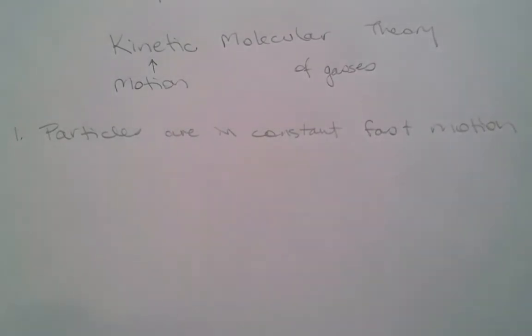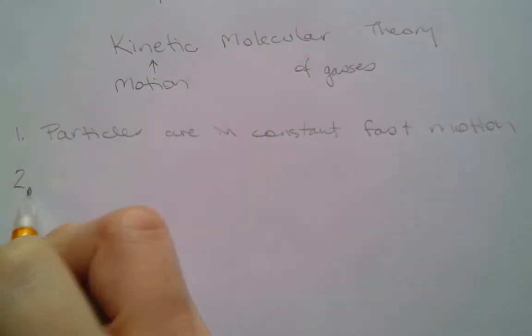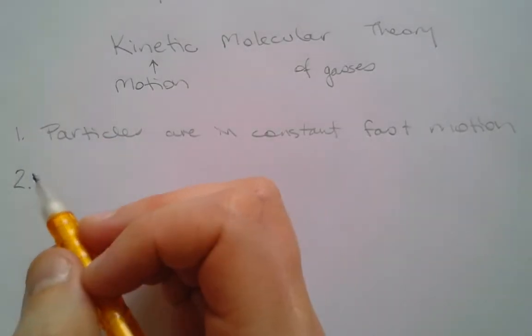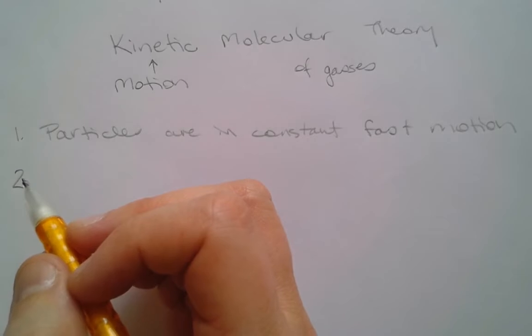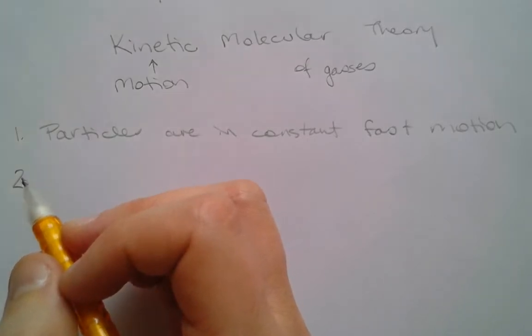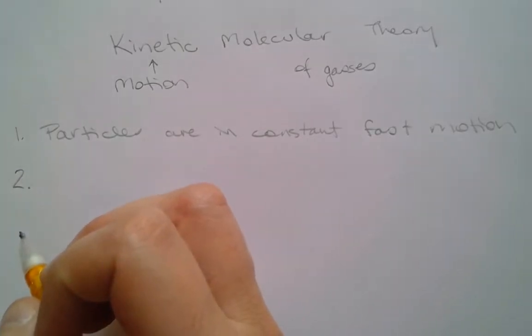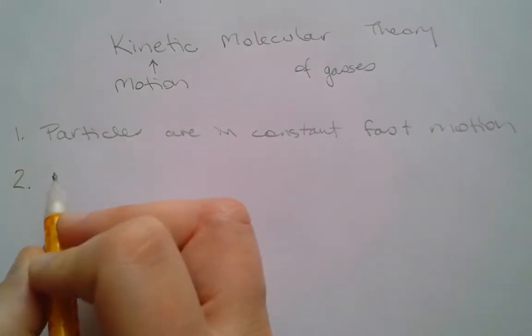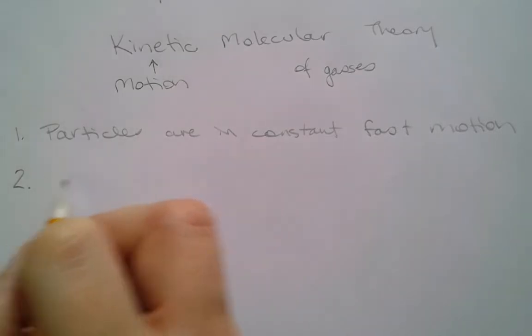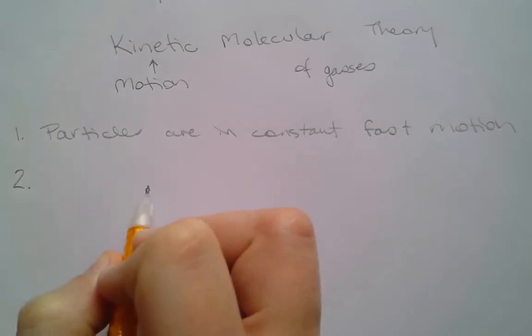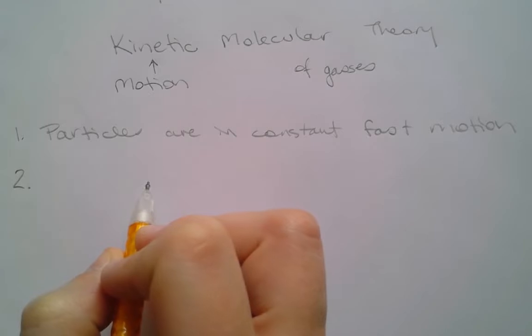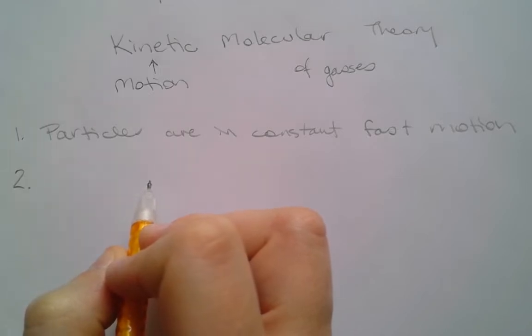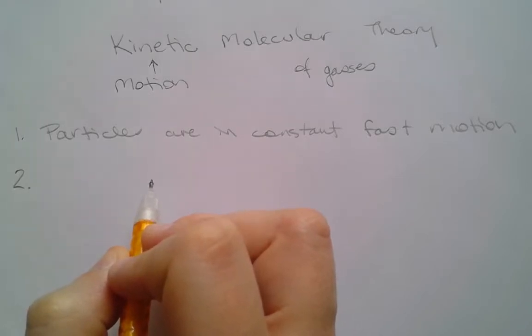Should recalculate that. They bounce into each other. And I'll ask you, do they lose energy, gain energy, or keep the same amount of energy as they bump into each other? They keep the same amount. So they do run into each other. We call them collisions. But they do not slow down, speed up. Some do slow down, speed up.